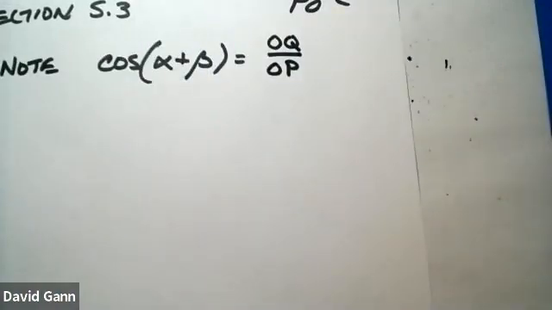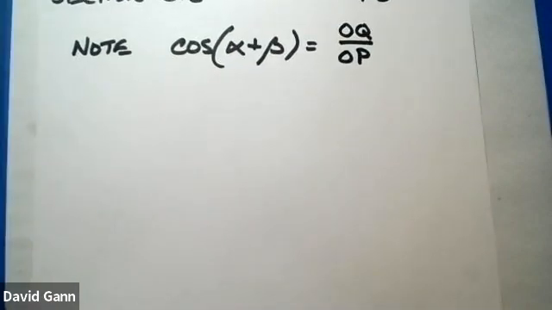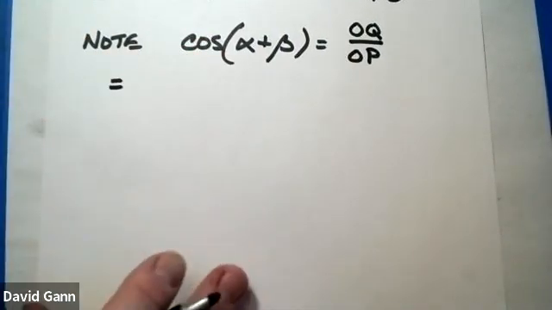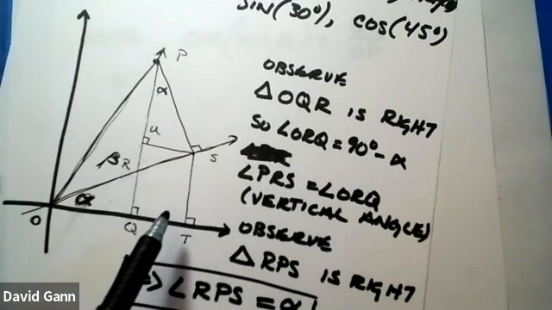Now, what I'm going to do is some manipulations here, where I break this into a couple of different pieces, and I introduce a quantity over a quantity, some sort of algebraic trickery. But here's the play-by-play. The first thing I do is notice that this length down here, OT, is actually OQ plus QT.